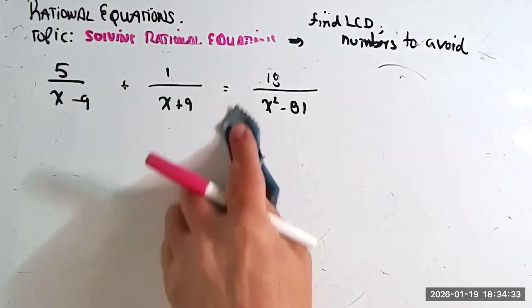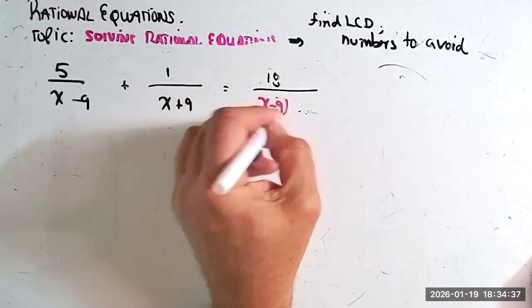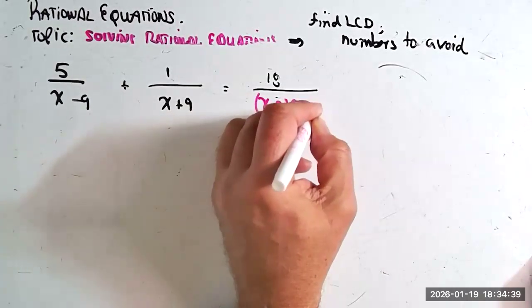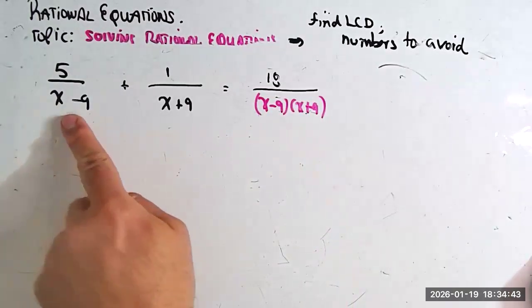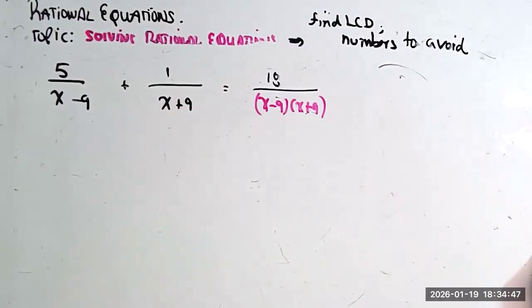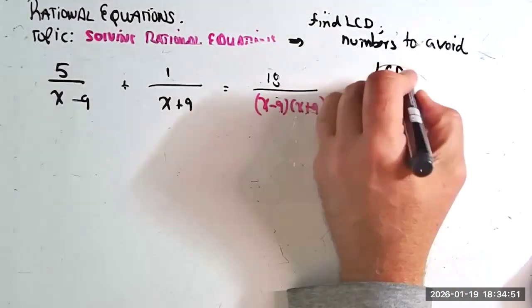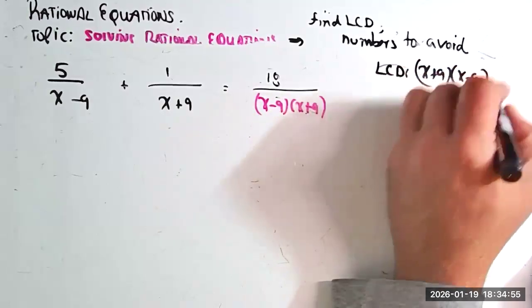This is a difference of squares, and it factors as x minus 9 times x plus 9. So your LCD is going to be x minus 9 times x plus 9. So we have it already.